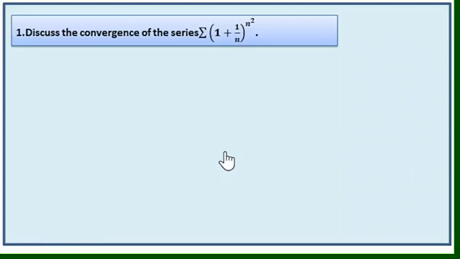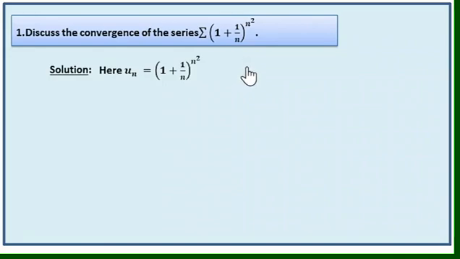Now let us solve the problems. So the first question is, discuss the convergence of the series summation 1 plus 1 by n whole power n square. Now comparing this given series with the summation un, we have the nth term un is 1 plus 1 by n to the power n square.